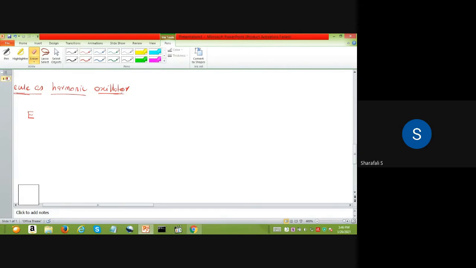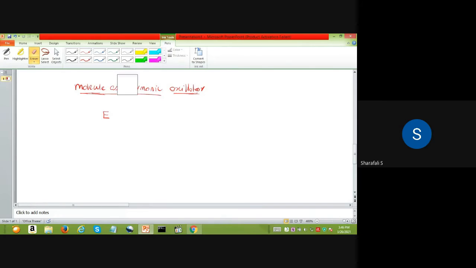Okay, so coming back to this harmonic oscillator, considering the molecule as an harmonic oscillator, then E equal to, let's say, the energy associated with the harmonic oscillator. Consider the molecule as an harmonic oscillator, that is HO.